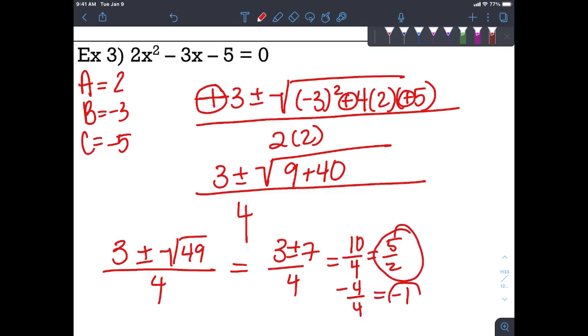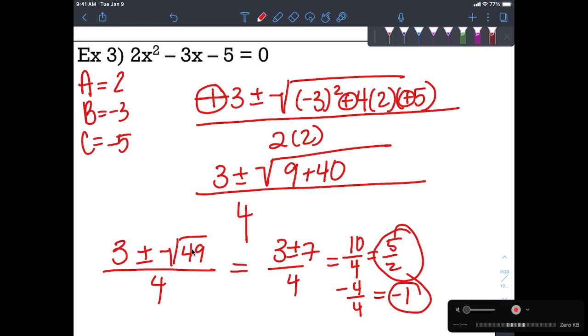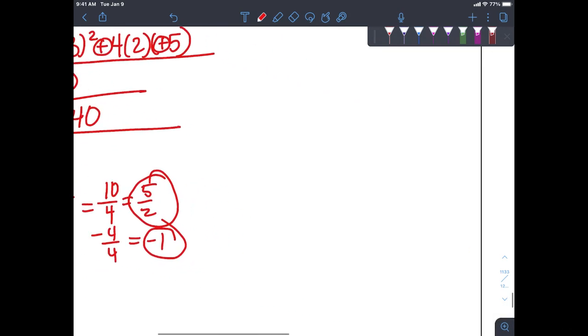And I end up with my two answers. Now, sometimes you can end up with still having radicals. These might not be a perfect square. These example problems are the super easy ones, okay?